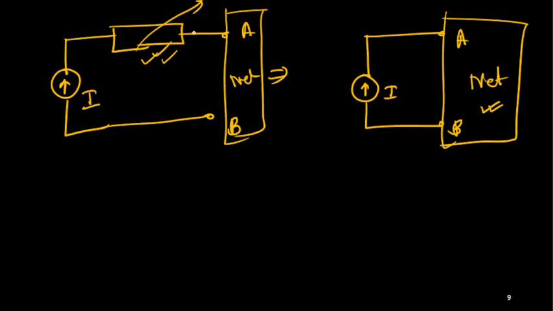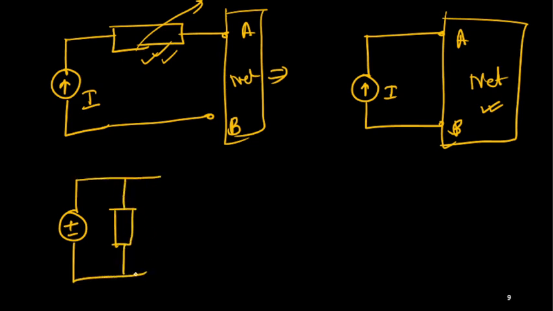Is it okay? Very similarly, if I have a pure voltage source and any element is connected across it, then the potential between nodes A and B, if it is V, is going to be V, independent of this element.